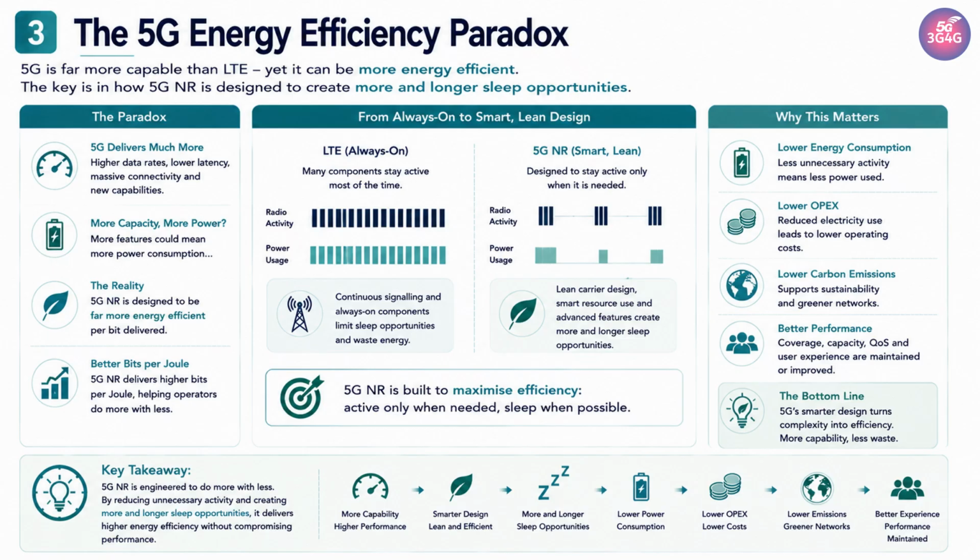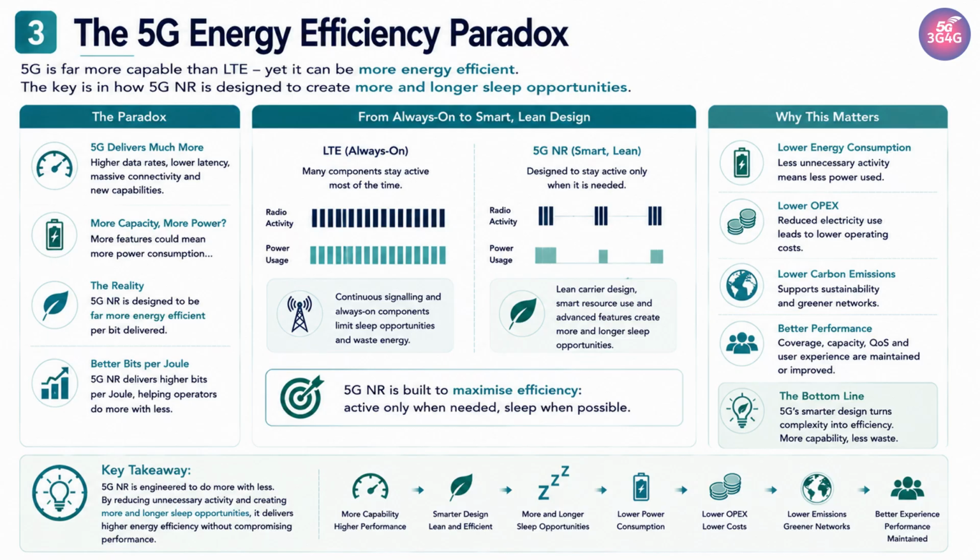5G may use wider bandwidths, massive MIMO radios may have many transceiver chains, there may be more antenna elements, more signal processing, more capacity layers, and more cooling requirements. So we need to distinguish between two things. Energy efficiency per bit can improve significantly, while total site power can still increase if everything remains active all the time.